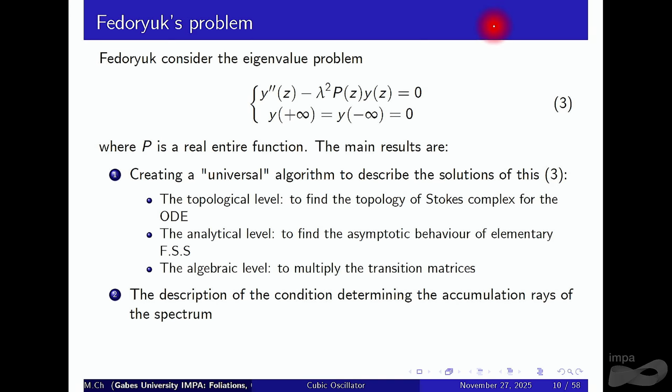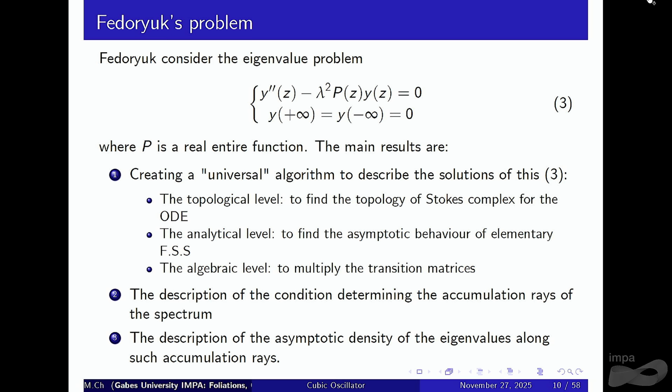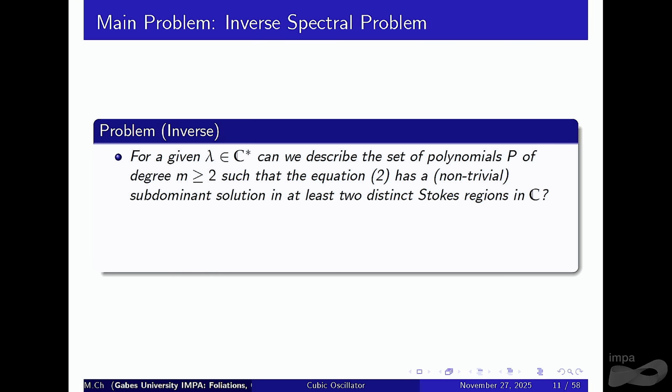For this problem, Fedoruk gave an answer and described the condition determining the accumulation rate of the spectrum, and the asymptotic density of eigenvalues along such an accumulation ray. So, inspired by Fedoruk's work, we treat this inverse problem.